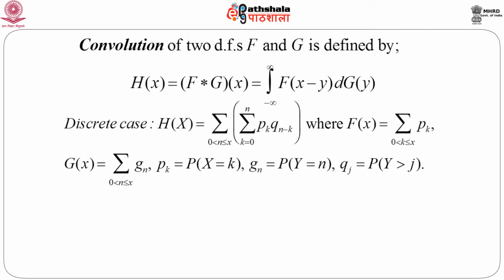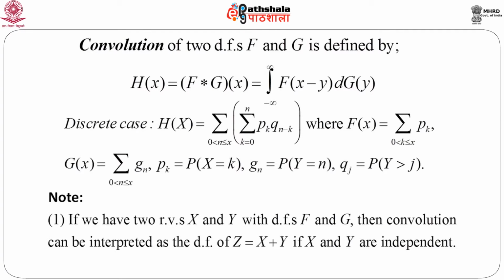Using these expressions of F, G and the other expressions in terms of p, g and q, we can get the expression for the convolution of the two distribution functions F and G, which we denote by H. This is nothing but the discrete convolution of two random variables, that is, the convolution of two discrete random variables having PMFs p_k and g_n.